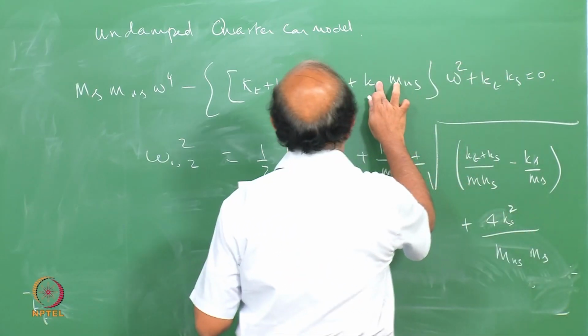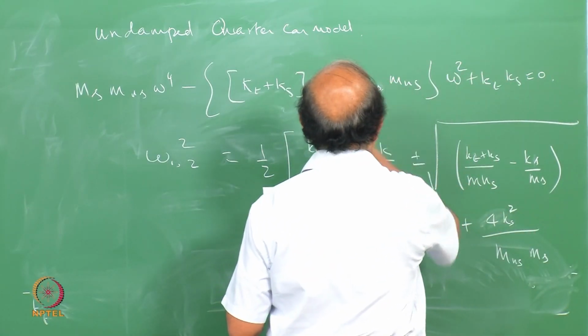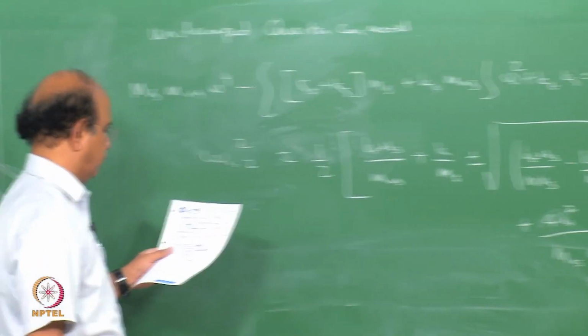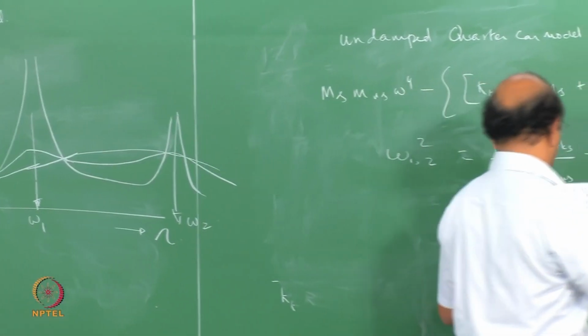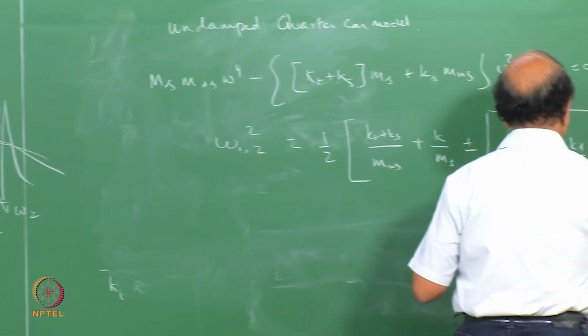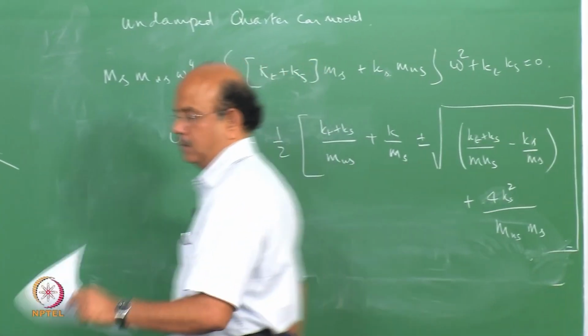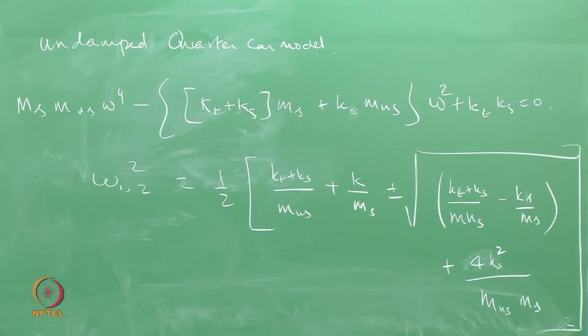That is the expression for omega 1 squared and omega 2 squared.